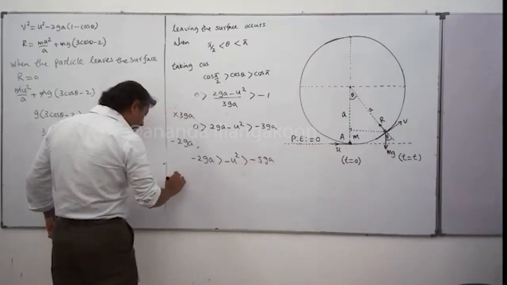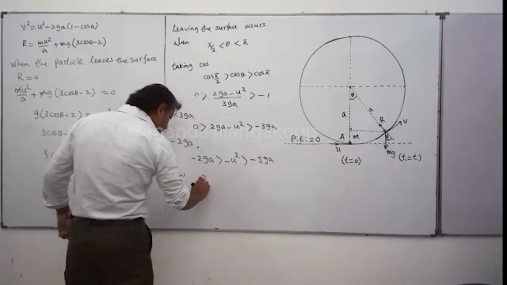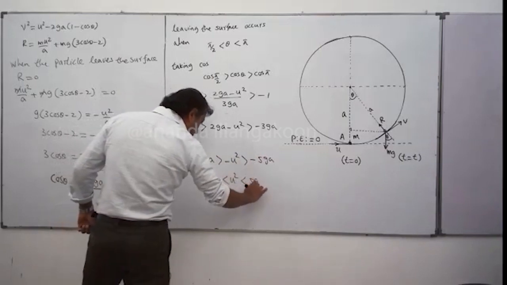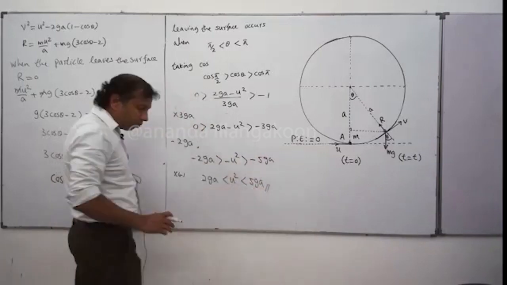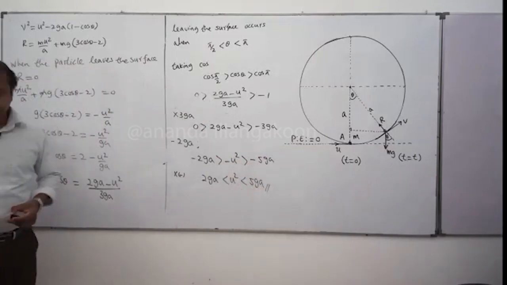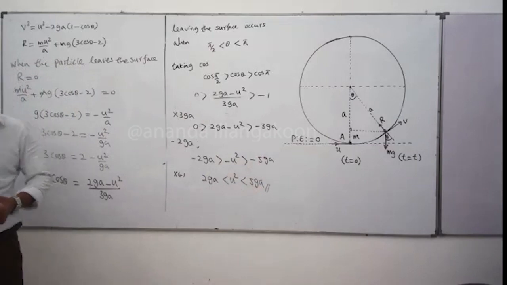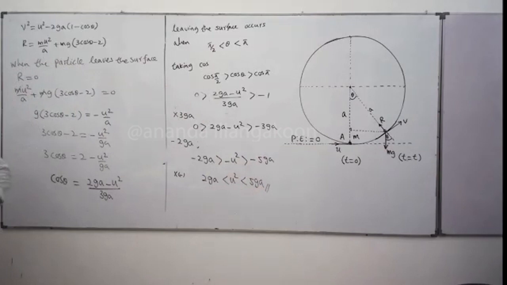Now multiply by minus sign. We get 2 g a less than u squared less than 5 g a. This is how we get the answer.